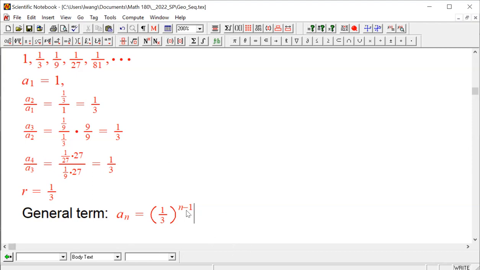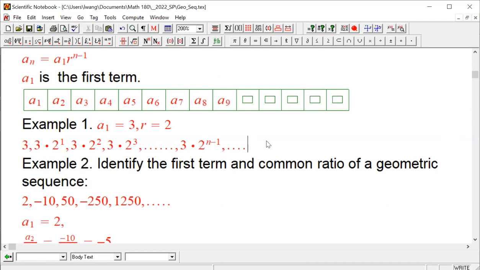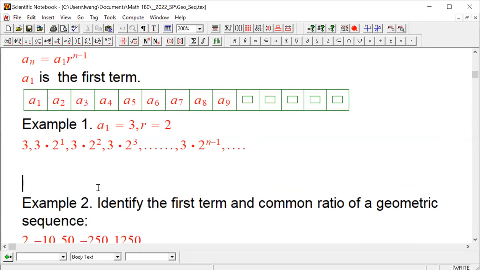For example, if I know the general term, I can answer questions about any term. In the previous examples, we didn't write it down here. The general term is a sub n equals a sub 1, which is 3, times R, which is 2 here, to the power n minus 1.